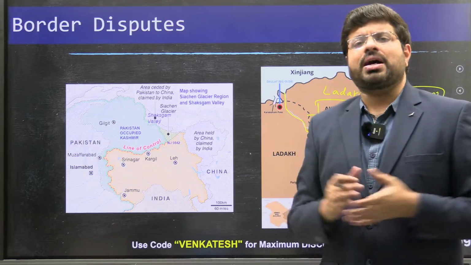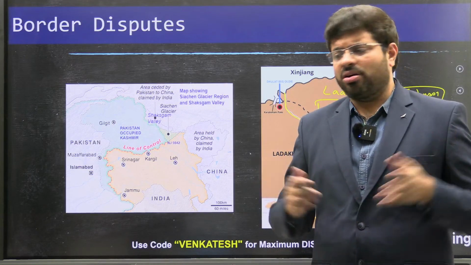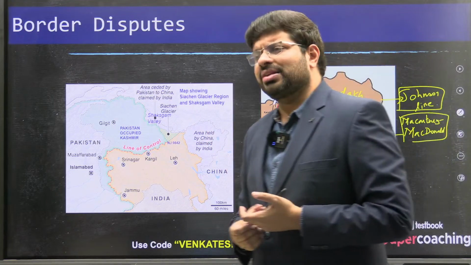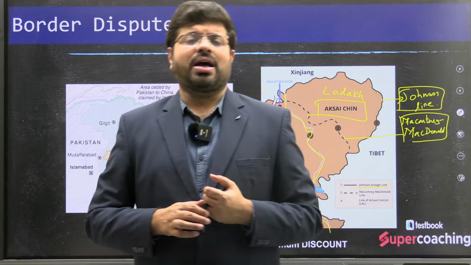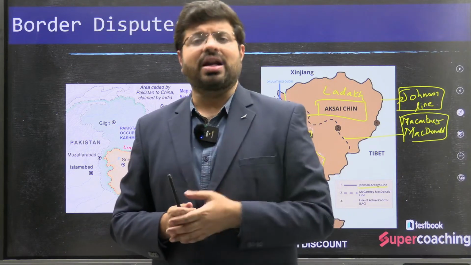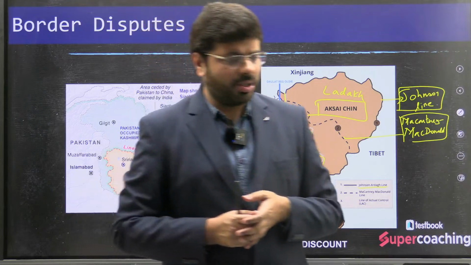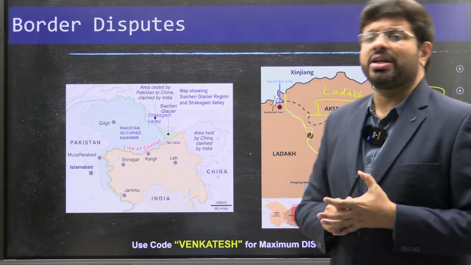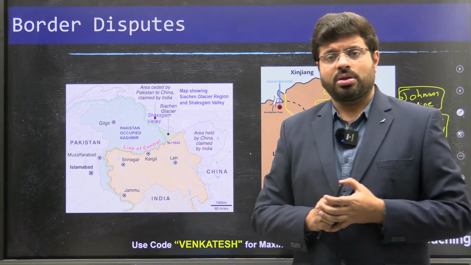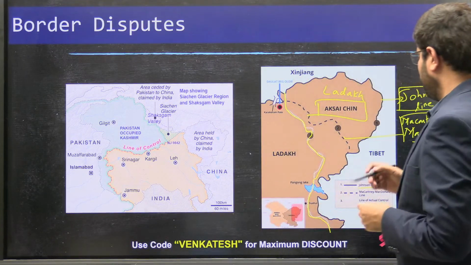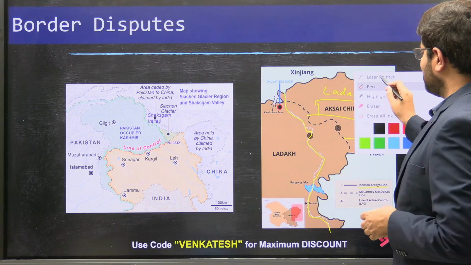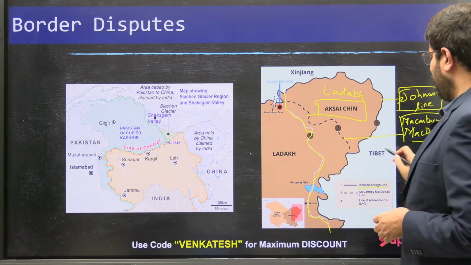In fact, if you see the Aksai Chin area, it's a vast land of a huge area, which we can consider a wasteland because it doesn't have much resources, agriculture is hardly practiced, minerals are hardly available. So what is the utility of that land? The thing the Chinese claim is, it is a crucial connecting point between two areas of China, that is Xinjiang and Tibet.